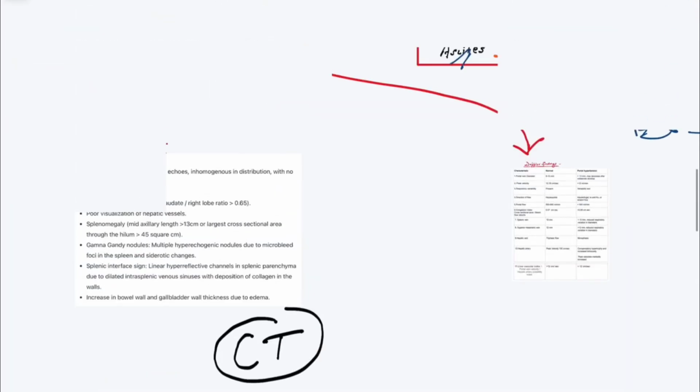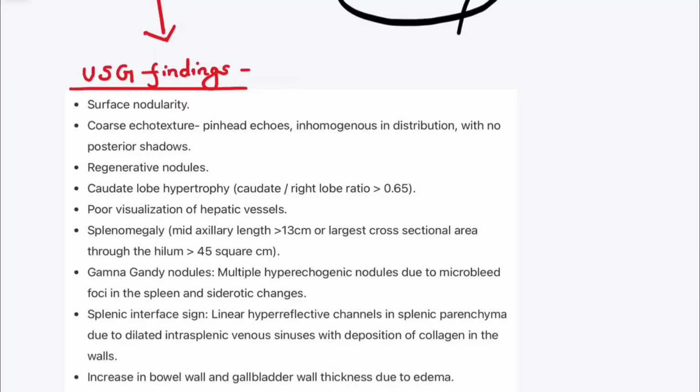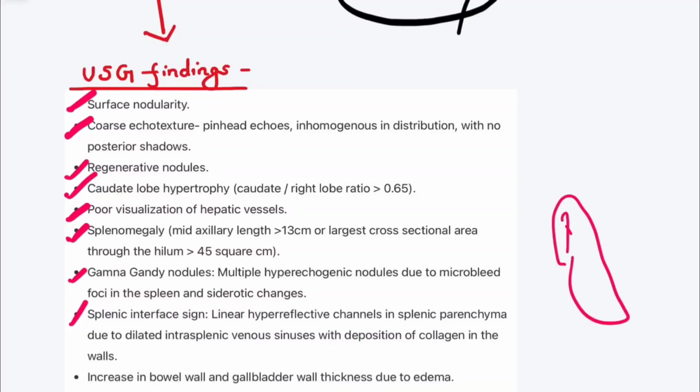Now let's look at the ultrasound findings for liver cirrhosis. There is surface nodularity, the echotexture is coarse, there are multiple regenerative nodules, there is caudate lobe hypertrophy, there is poor visualization of hepatic veins because of their compression by the nodules, there is splenomegaly, there are Gamna-Gandy bodies within the splenic parenchyma, and there is the splenic interface sign, that is linear hyperechoic channels in the splenic parenchyma.